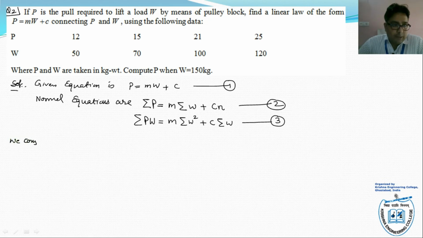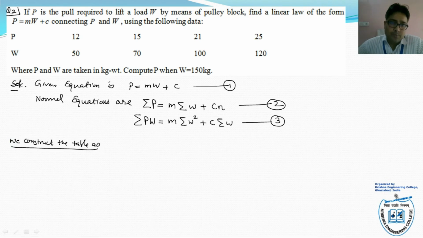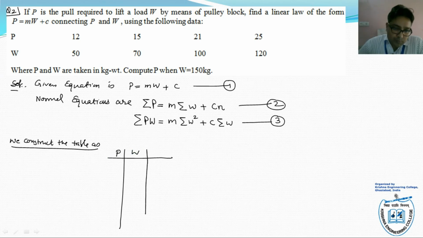Now we construct the table. Here we need to find sigma P, sigma W, sigma PW and sigma W square. So we make columns corresponding to P, W, PW and W square.